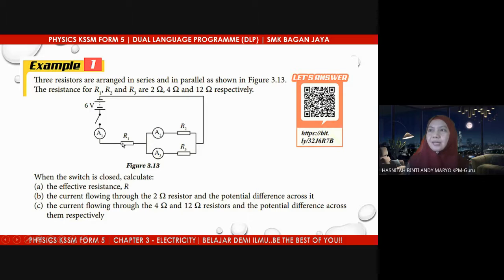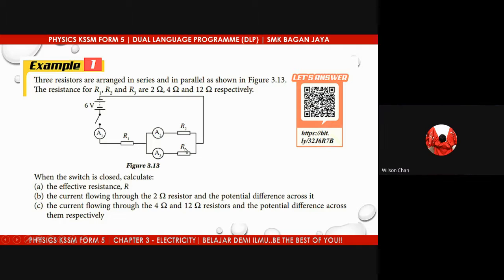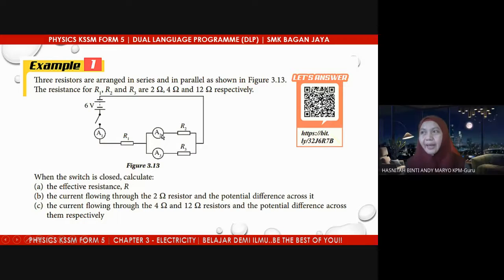You can see this is R1, this is R2, this is R3, arranged in series and parallel. If you understand this circuit, R2 and R3 are connected in parallel and they are in series with R1.